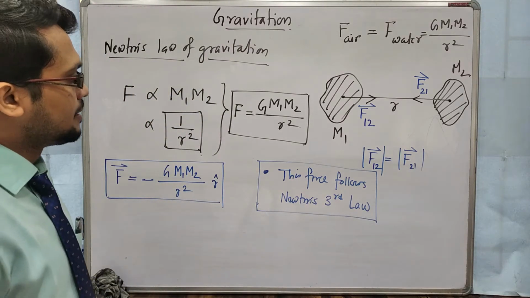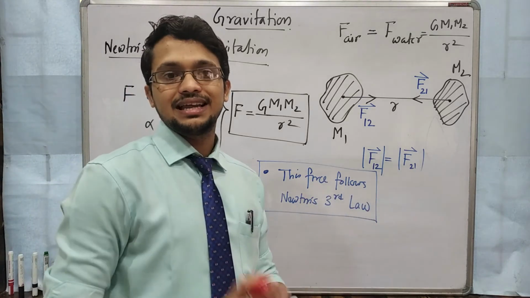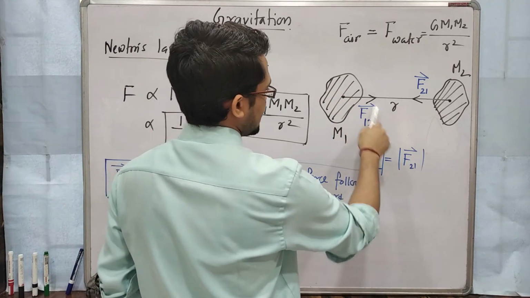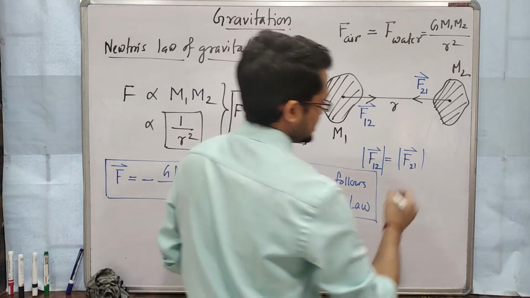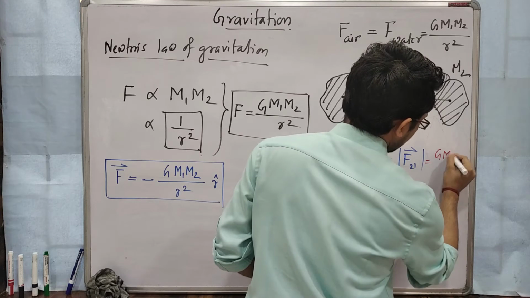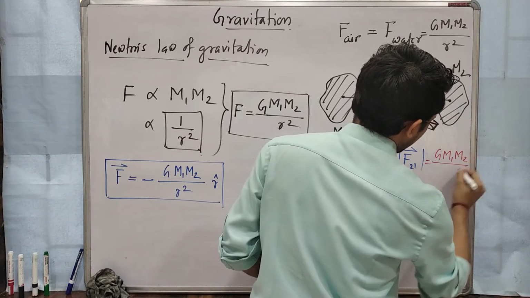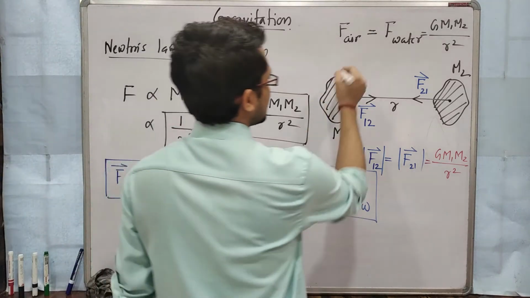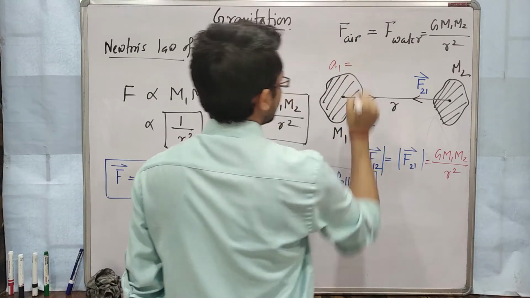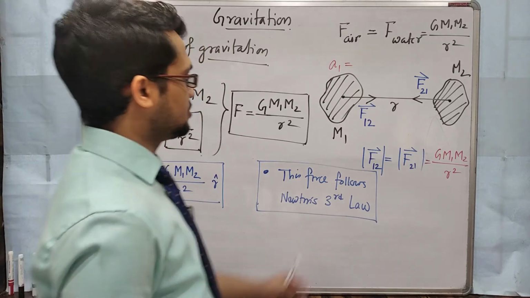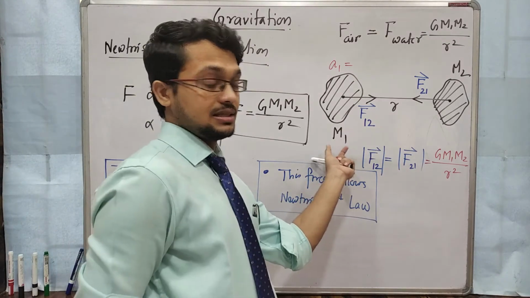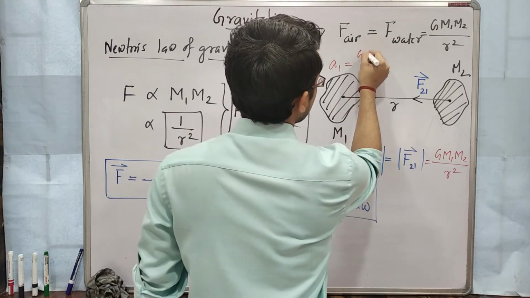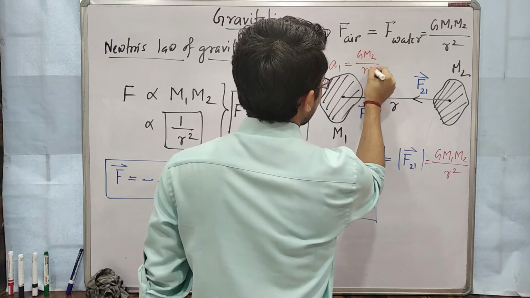Here the forces are the same, but their accelerations are not the same. For each mass, the force magnitude is G m1 m2 by r square. For this mass, with acceleration suppose a1, we divide the force by this mass and get G m2 by r square.